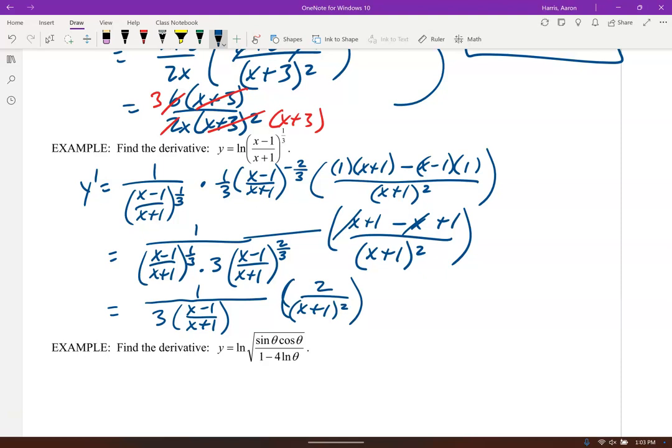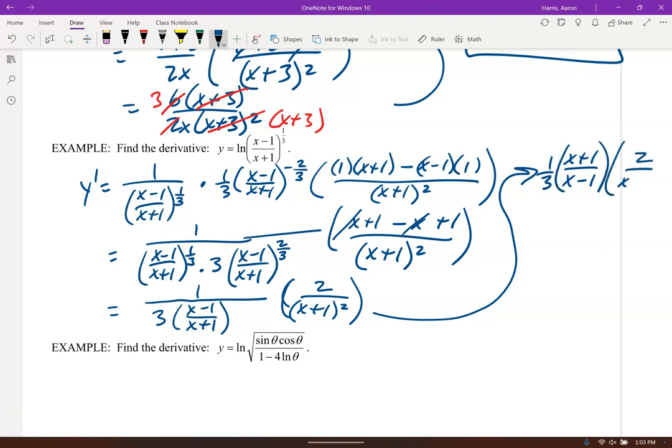And so I've got, let me take this over here. I got x plus 1 over x minus 1, because it's 1 over that, so it'll flip that, right? So I've got a 1/3 out front of this. And I've got this 2 over x plus 1 squared.